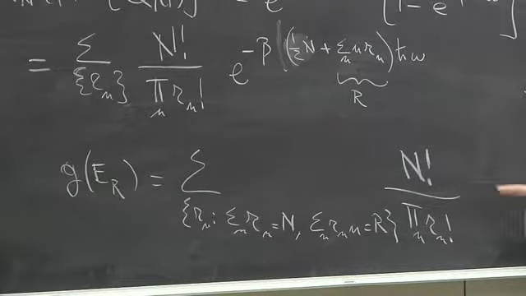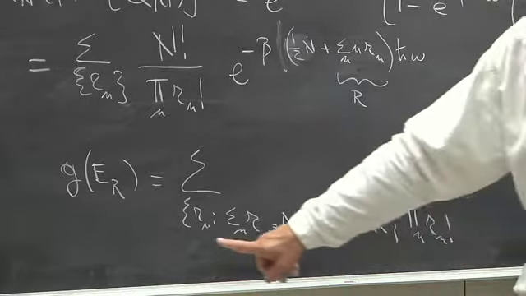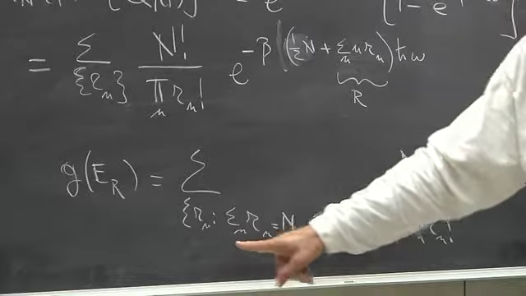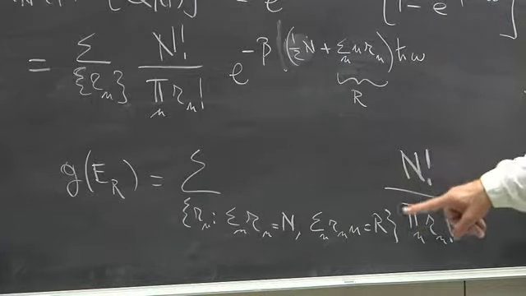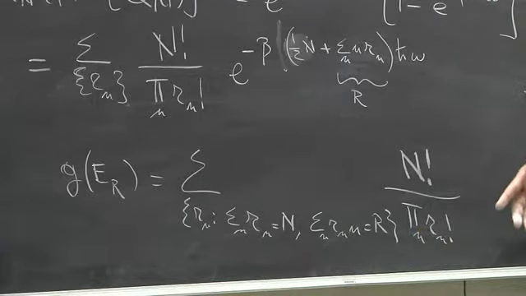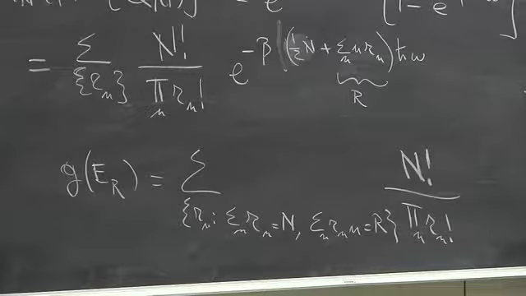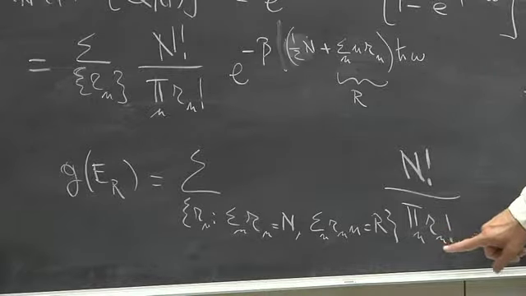Why? Because for any different choice of these occupation numbers, of how many balls you put in each box, you have this coefficient which tells you that for these occupation numbers you can distribute the balls among different boxes, but you should not consider different permutations of the balls where you exchange balls within the same box.